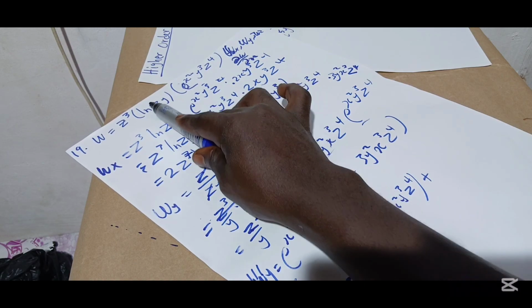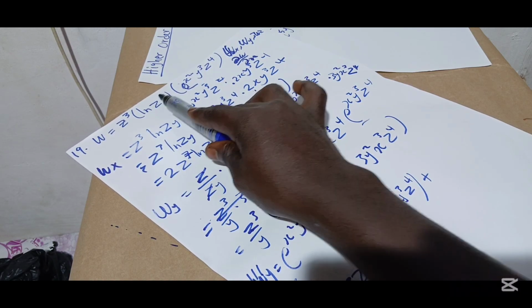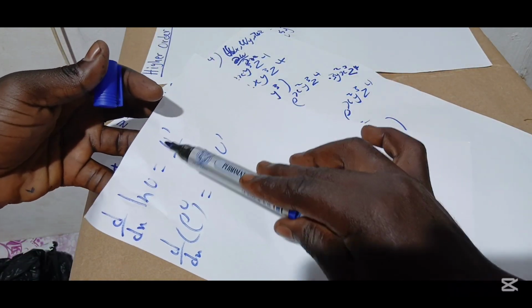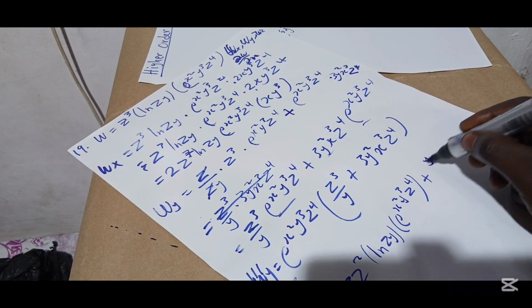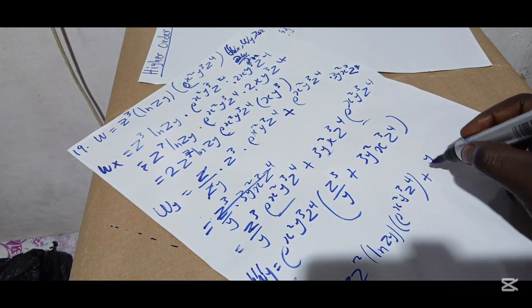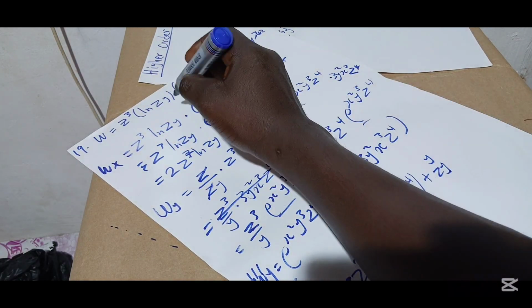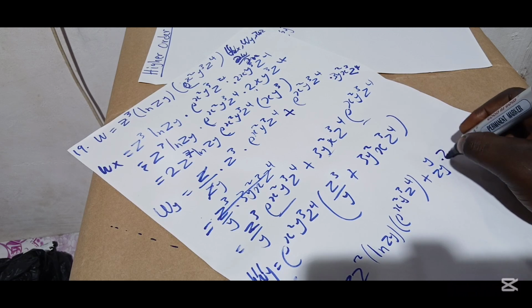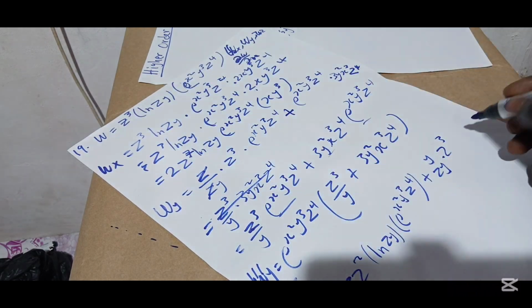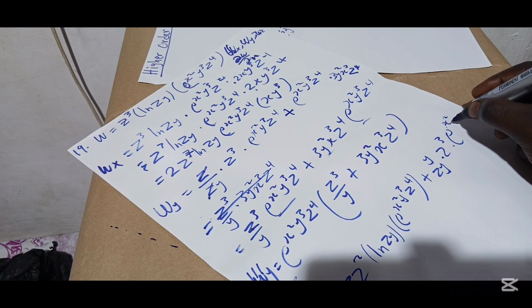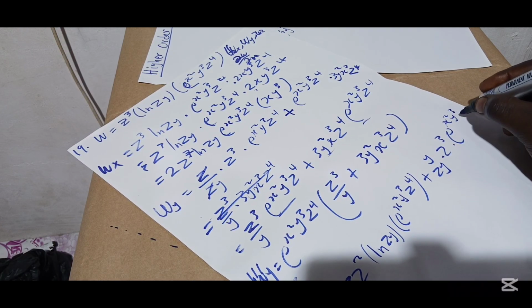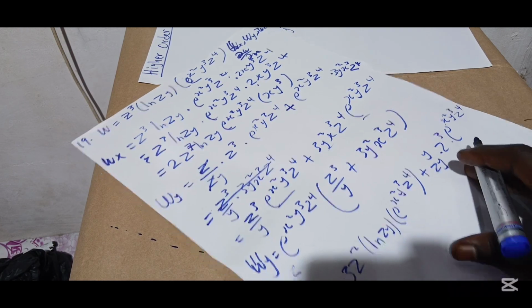From the formula, ln u equals u prime over u, this will give us y over zy. Then we bring the rest, multiplying z to the power 3 and then e to the power x squared y to the power 3 z to the power 4.